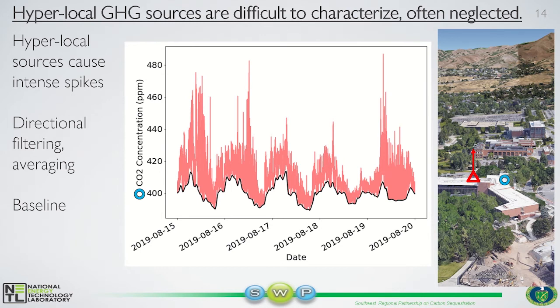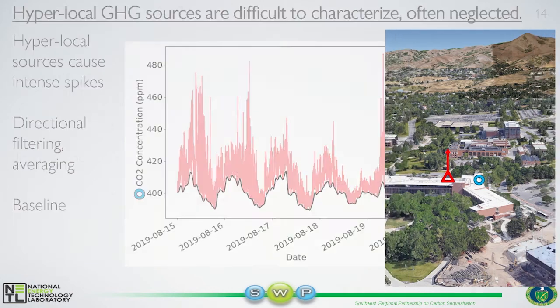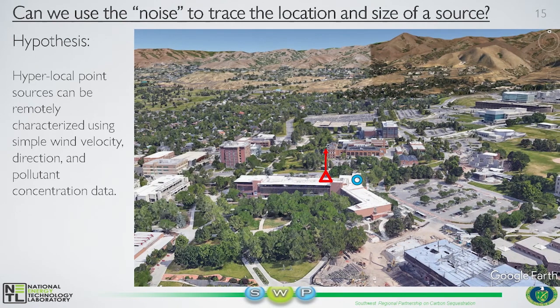Our study seeks to dive into this noise and these spikes and see if we can extract any useful information from what is often filtered out in larger scale studies. Our hypothesis was that these hyperlocal point sources could be remotely characterized using simple variables like GHG concentration and wind velocity. And we find that this often filtered noise contains valuable information about the source.